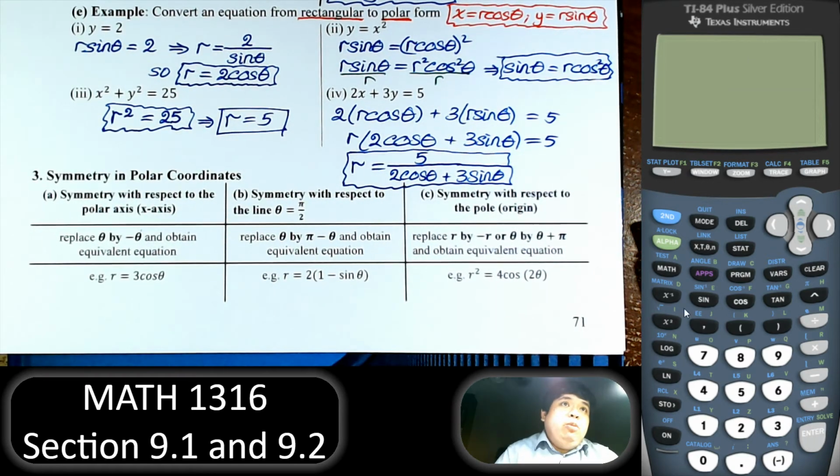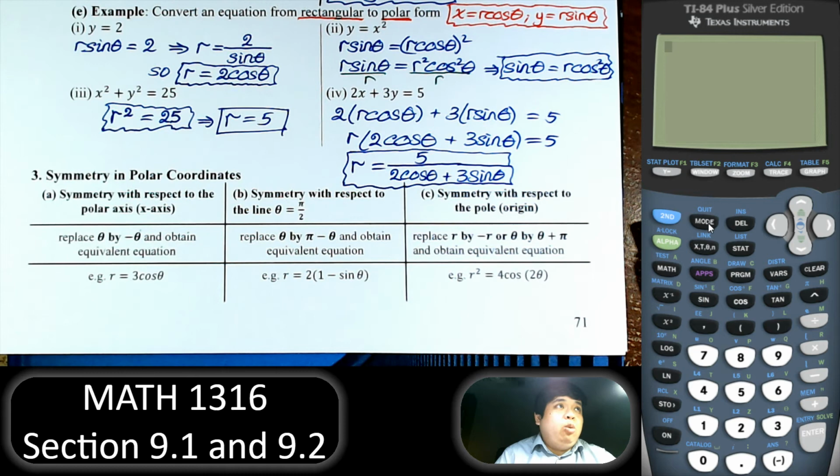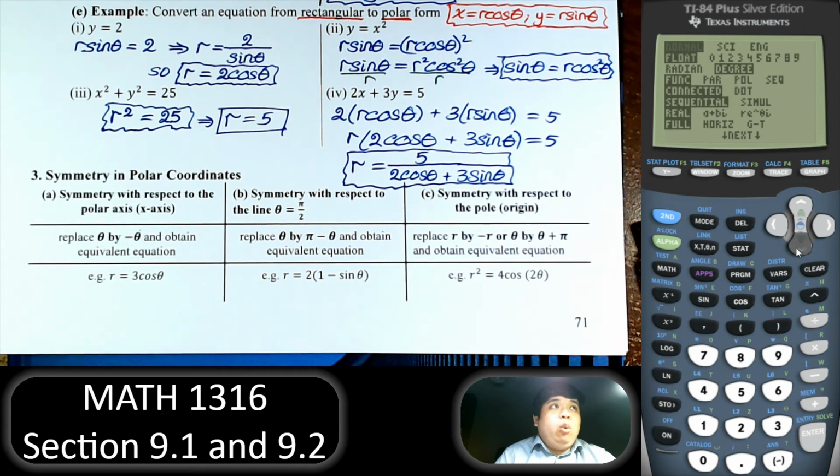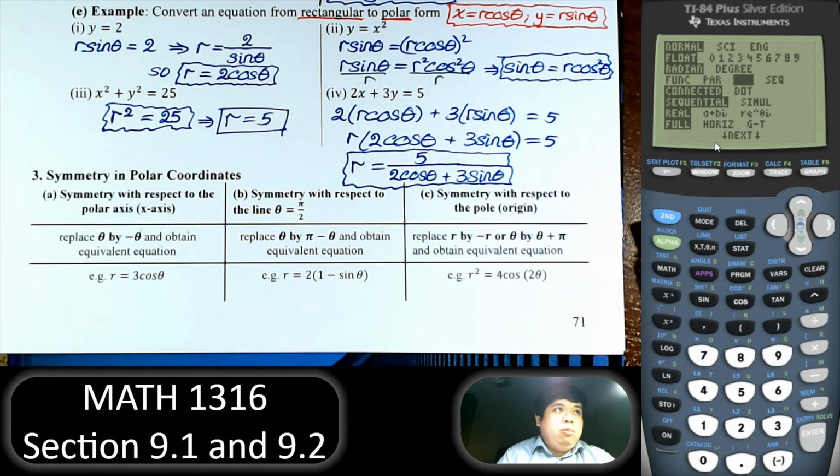Now, if we want to graph it, which is perfectly fine, use a calculator. When we graph, make sure it is in radian mode. That's the first thing. And then make sure that the graph is in polar mode. So radian and polar. Right, now let's graph.